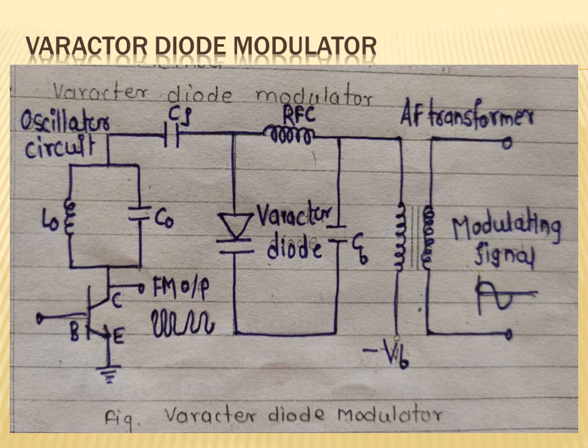The oscillator circuit generates the carrier signal. The varactor diode is connected in parallel with the oscillator circuit. According to the modulating signal, the carrier signal changes, and the FM signal is obtained at the collector terminal of the transistor. So this is the explanation for the varactor diode modulator.